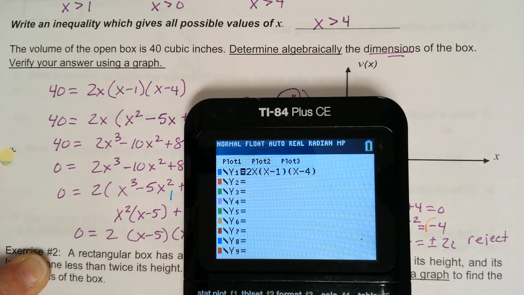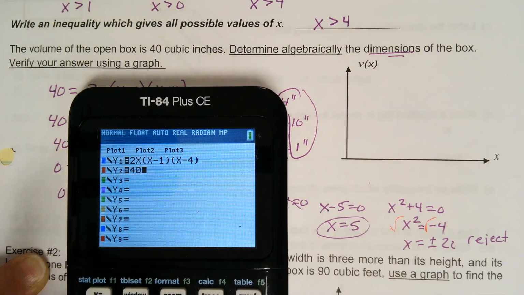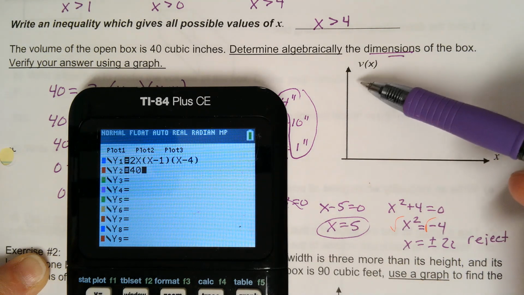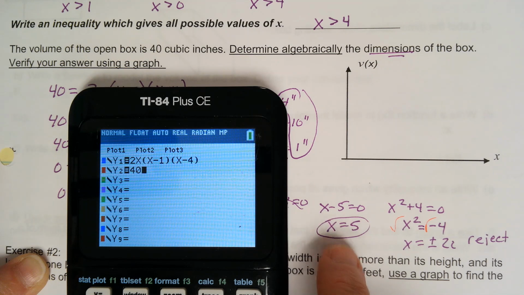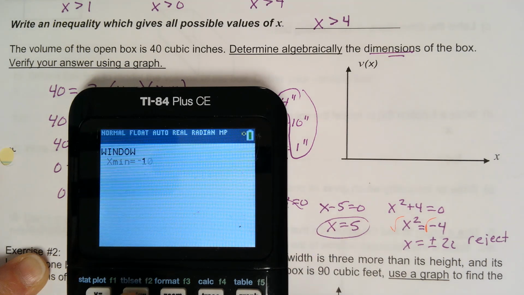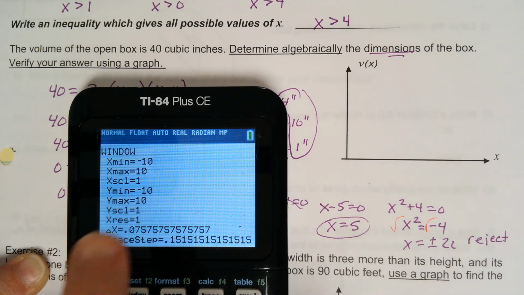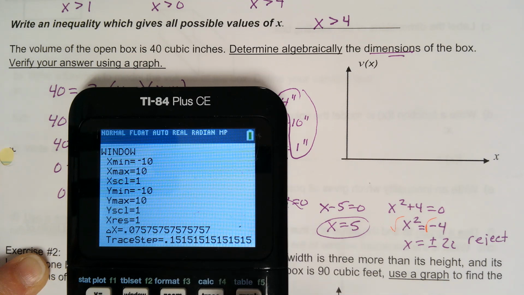And the left-hand side in for y2. And let's see, we know our volume is at 40, so we'll adjust the window. We also know our x value is 5. So for the x, I'll put the min at 0.